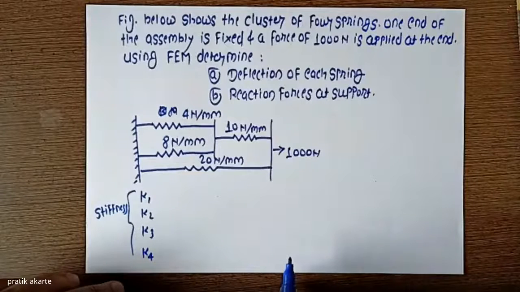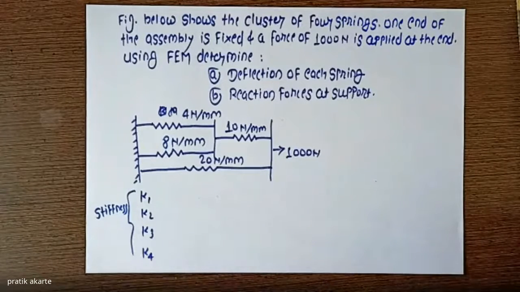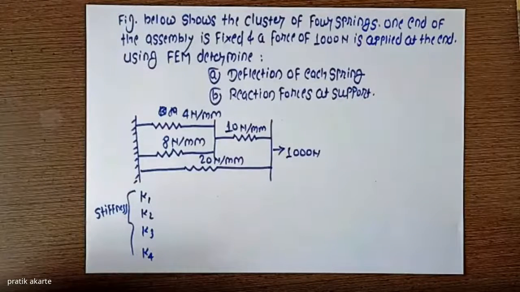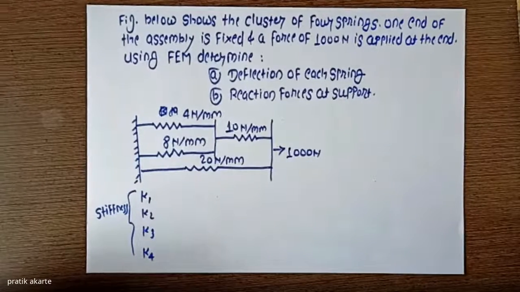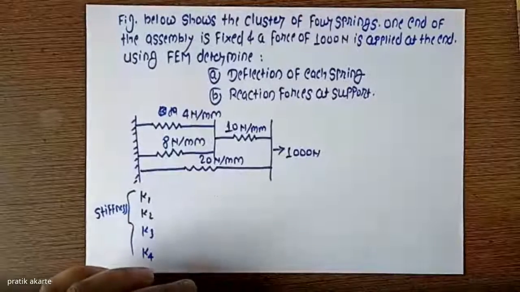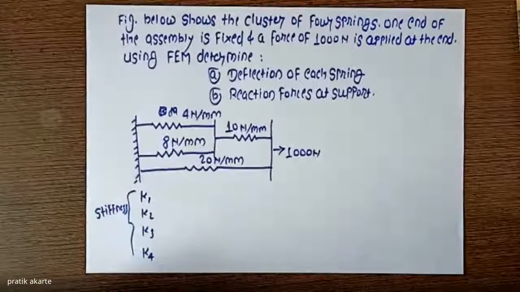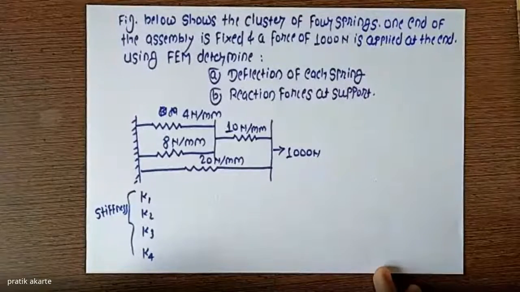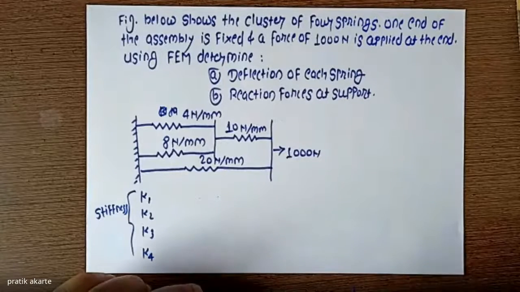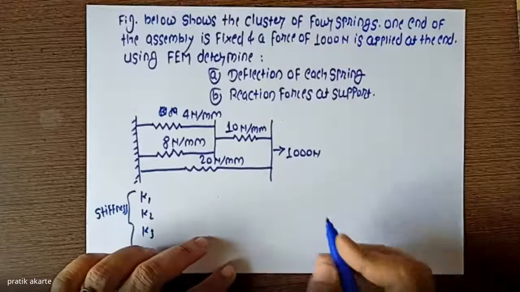Now, as our first step, we're going to draw a finite element model for the given system. In this finite element model, we'll be showing the forces, the deflections, and the node numbers and element numbers.